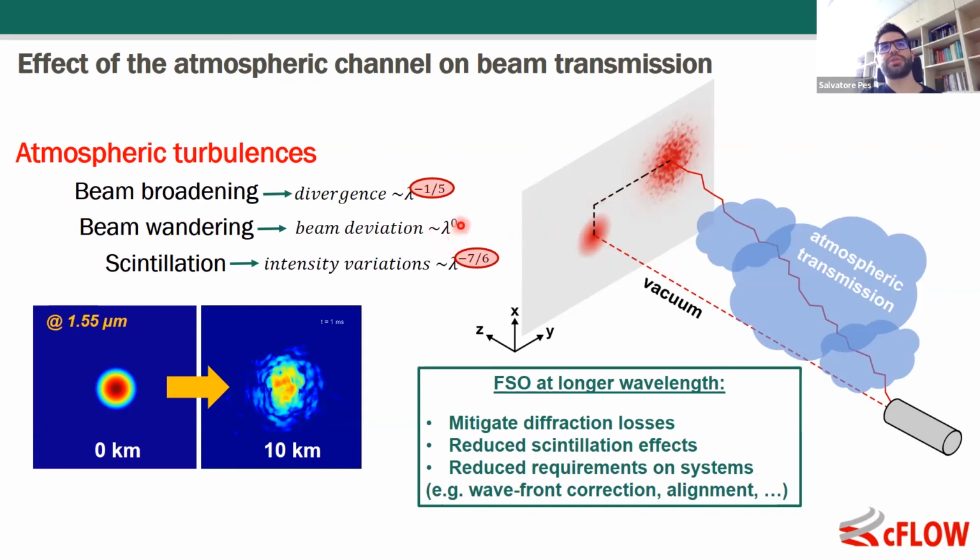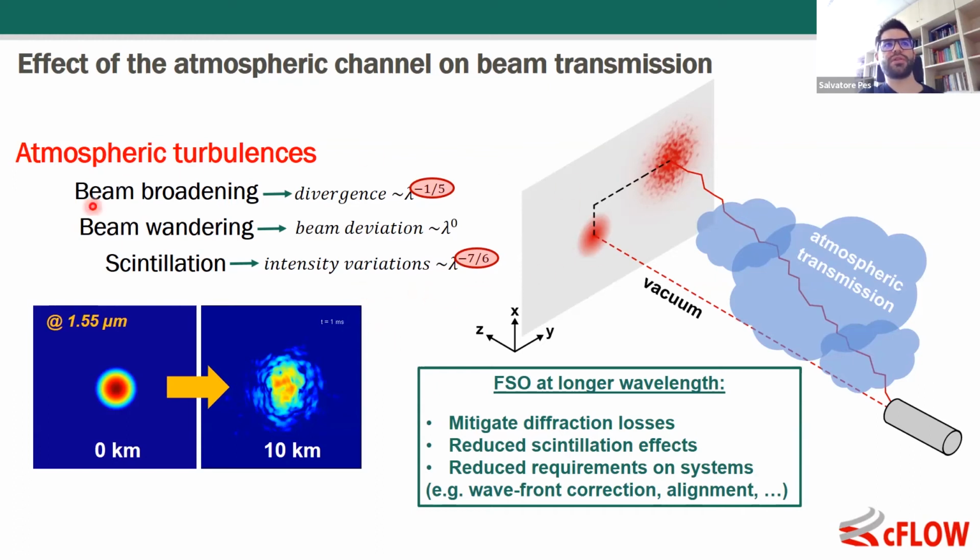In this case, we don't benefit from switching toward longer wavelengths. And we also have scintillation, that is intensity variation, and again we have a benefit working at longer wavelength.